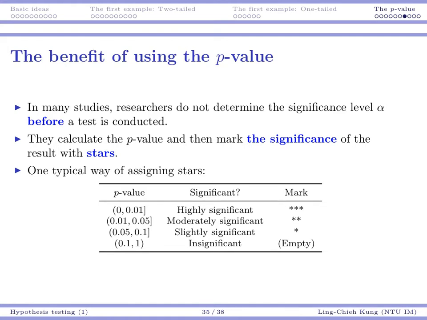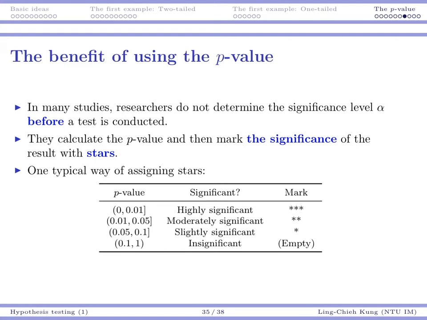One typical way of doing that is to use again 1%, 5%, and 10% as the cutoff points. If our p-value is so small, we say the deviation is highly significant.